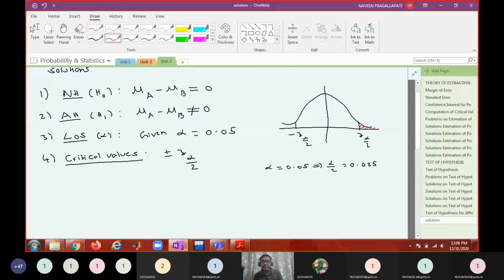This area is going to be 0.025. Then what will this area be? 0.5 minus 0.025 is 0.475. So corresponding to 0.4750, I need to find the Z value.